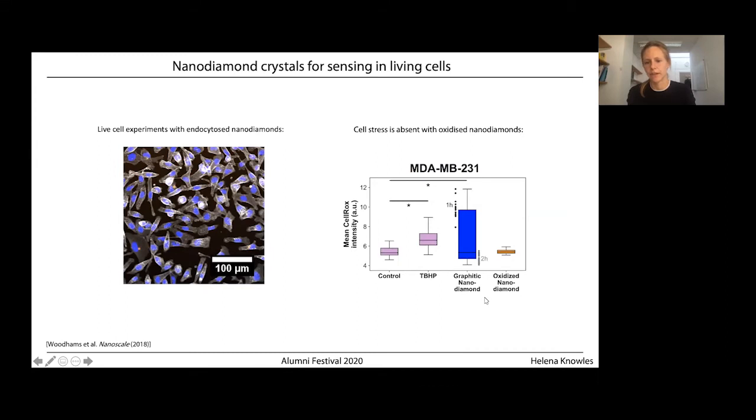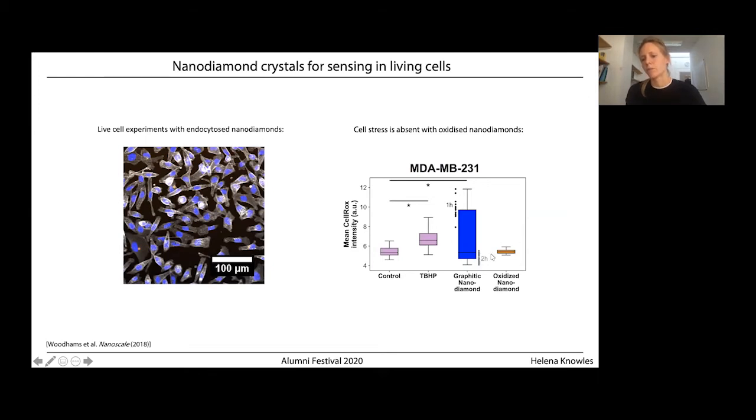You can see here on the left that if we take these nanodiamonds as they come to us from the company that we buy them from, they typically have a graphitic shell, and that's not very nice. Graphite is quite reactive, and you can see that it's unpleasant to the cell because in the first hour this stress indicator shoots up, and it does come down in the second hour, but really that was a rather disturbing event for the cell.